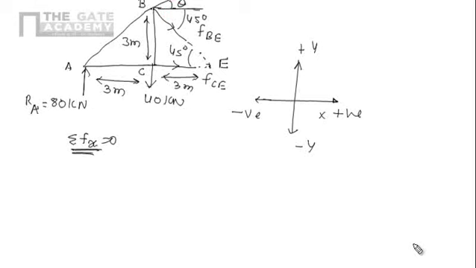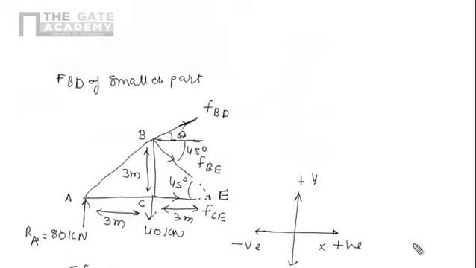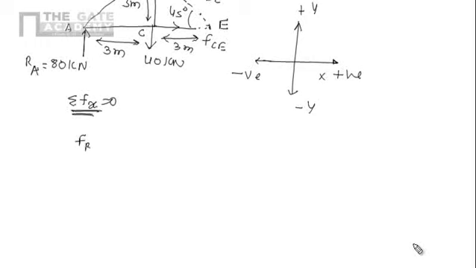In horizontal direction there will be a component of FBD, that is FBD cos theta, in positive direction. Similarly the component of FBE in x direction, that is FBE cos 45 degree, is in positive direction. And we have one more force, that is FC, in positive direction.